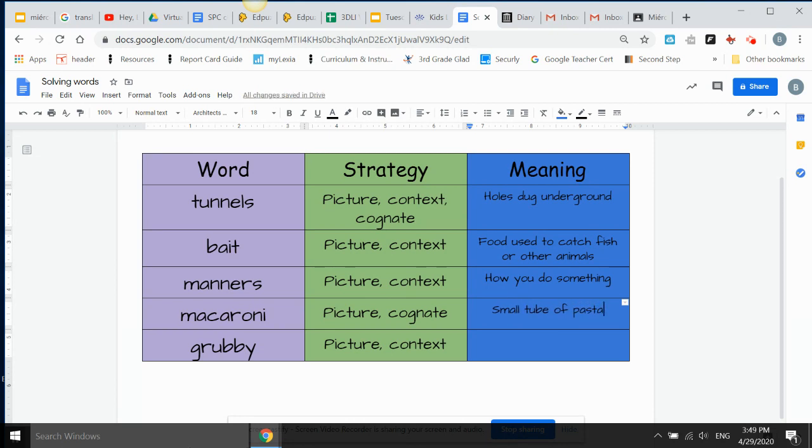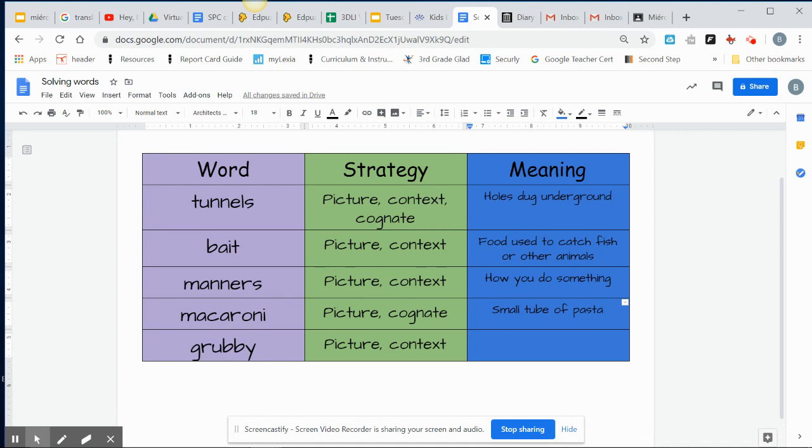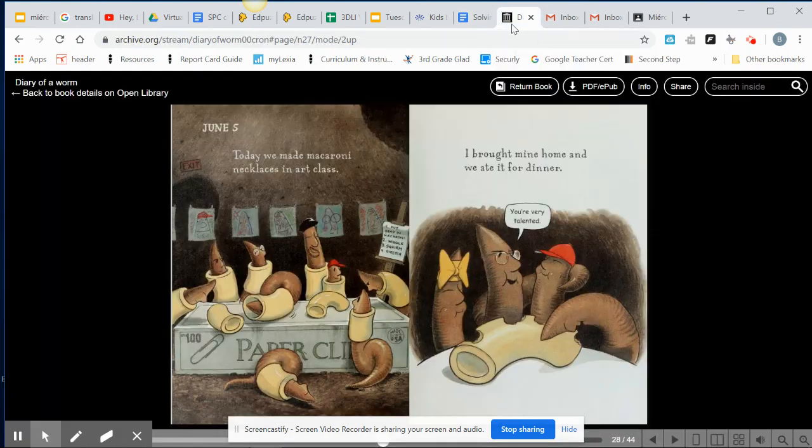All right. I hope most of us got that one. I feel like most of us think macaroni, we think macaroni and cheese, and you know that it's a small tube of pasta. Okay, we're on to our last one, folks.